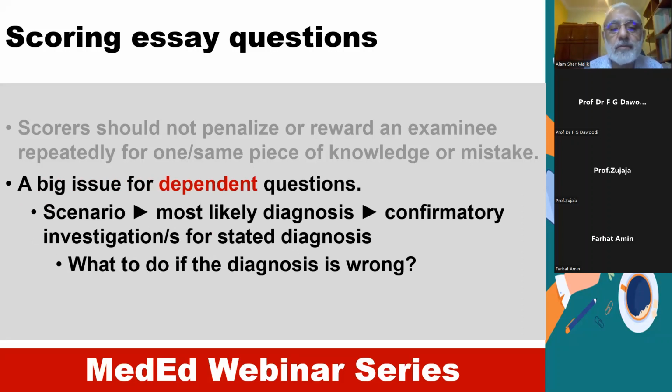This is the problem of what we call dependent questions. For example, we have given a scenario, and then we are asking for the most likely diagnosis. The subsequent question is about the confirmatory investigations for the stated diagnosis. Now, this last part depends upon what diagnosis the student has made.